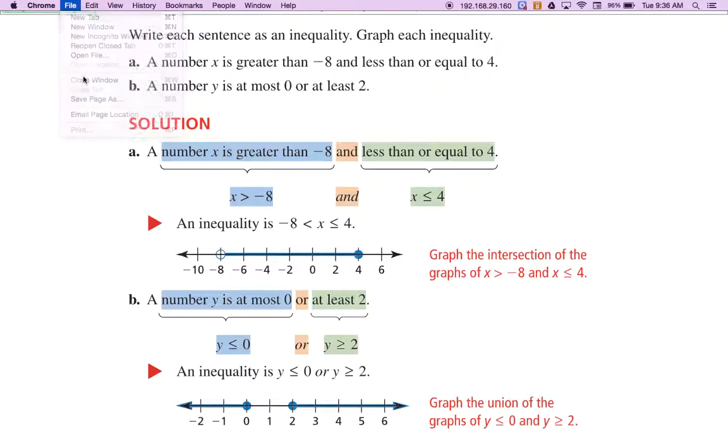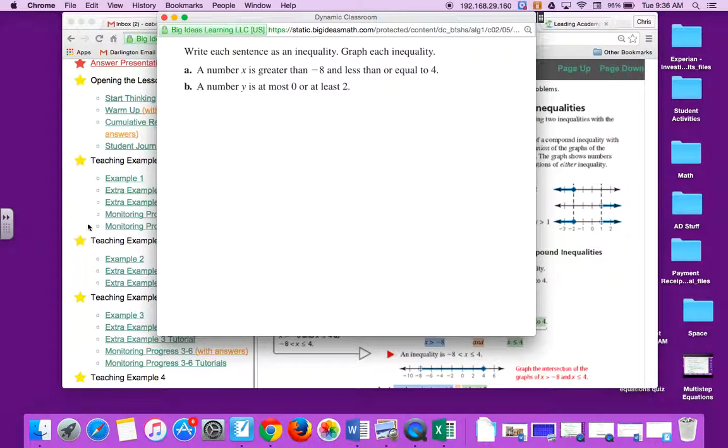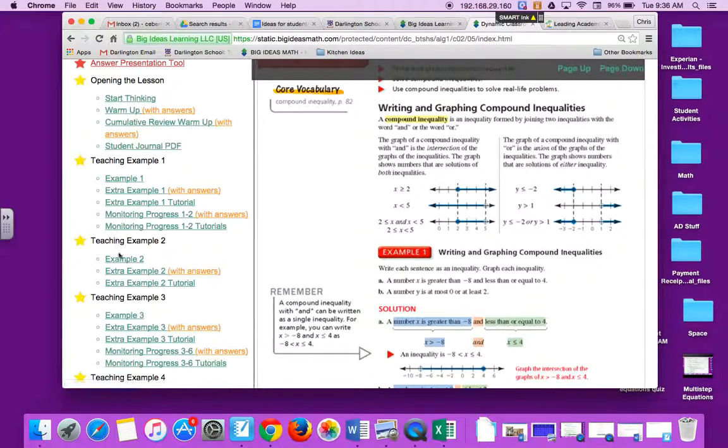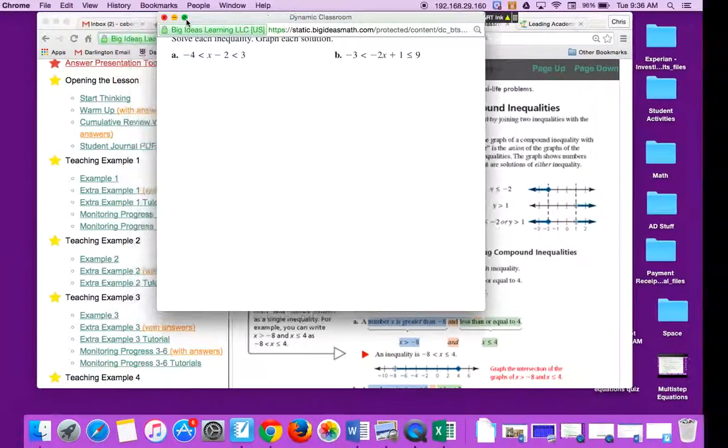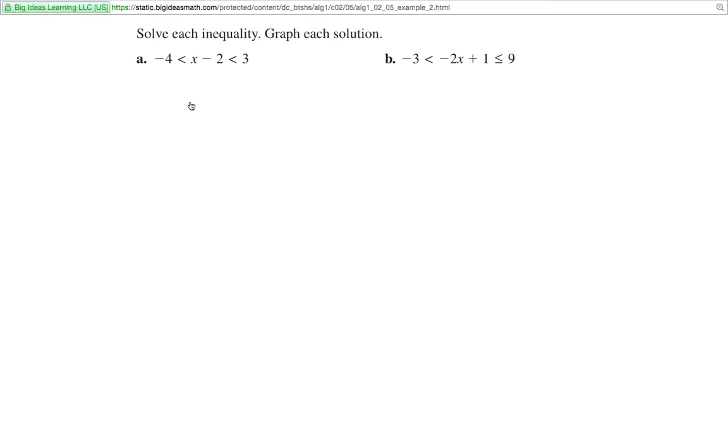All right. Next, example number 2. Now, in the equations and inequalities we've done so far, those rules we talked about, like doing the inverse, whatever you do to one side, you do to the other. Well, in this case, technically you have two other sides. So make sure you're doing it to both inequalities at the same time.